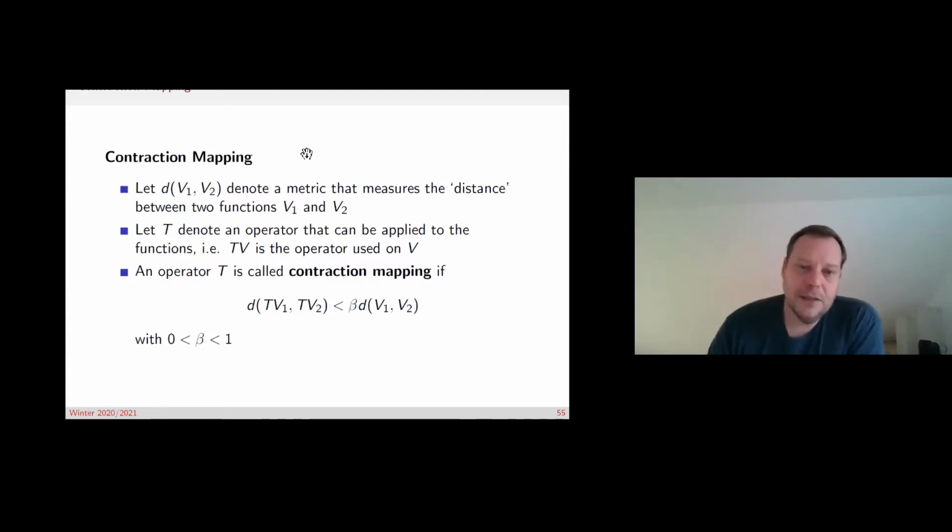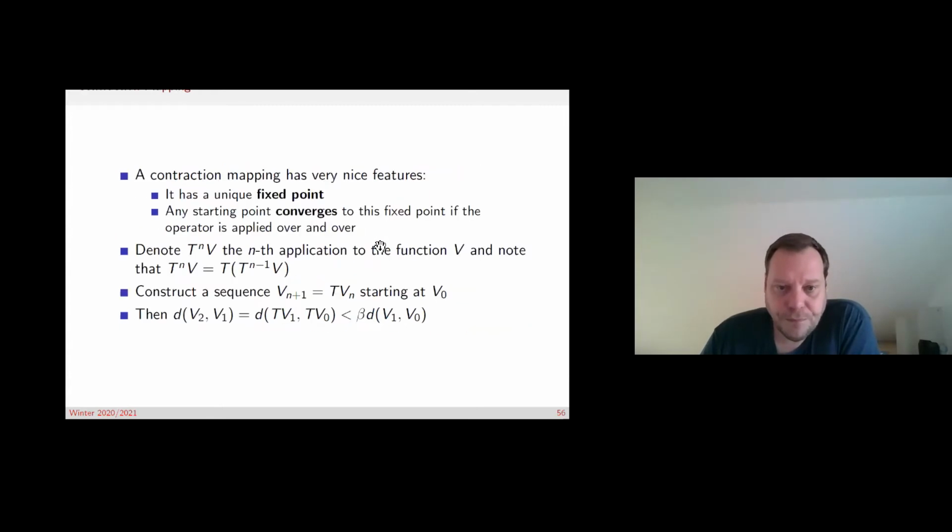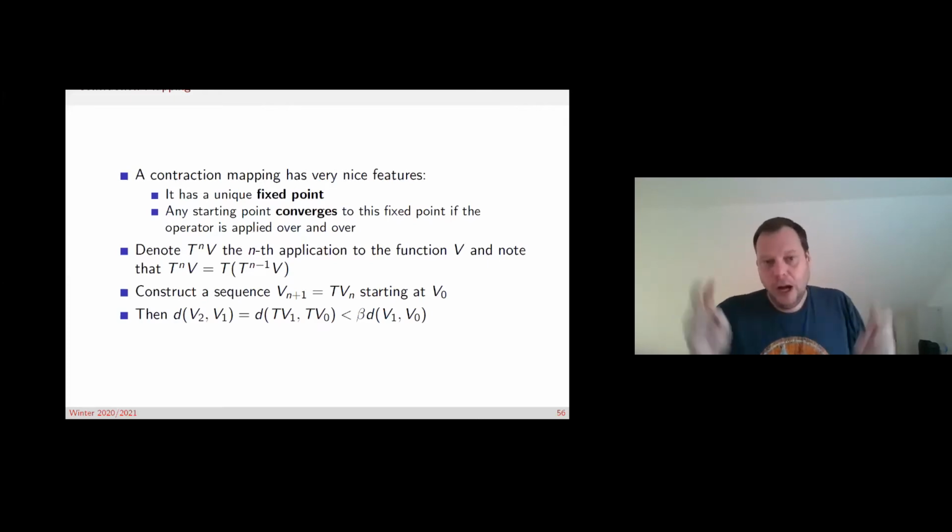Okay, so basically what we do is we start out with some function v. The initial function that we start out with, let's call this v0. So this is the starting function, whatever that might be. We'll talk about that later on.